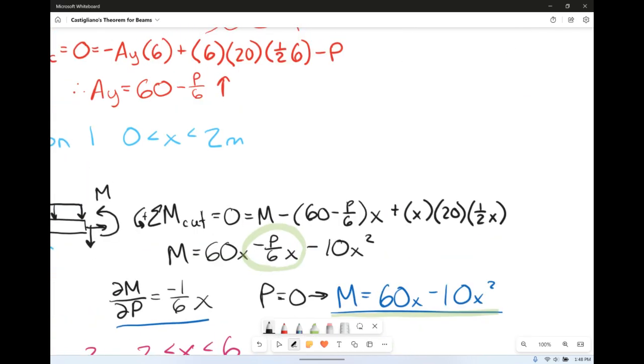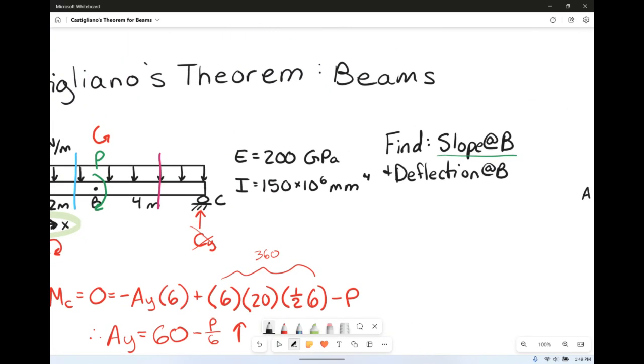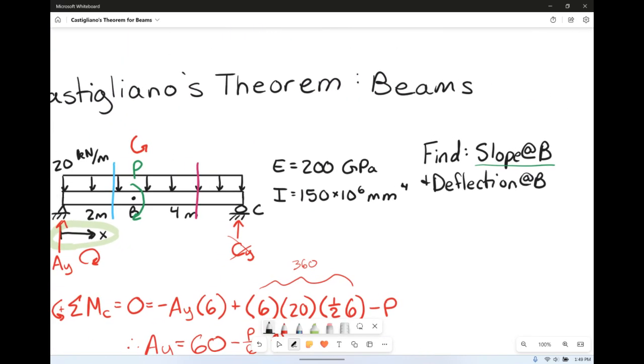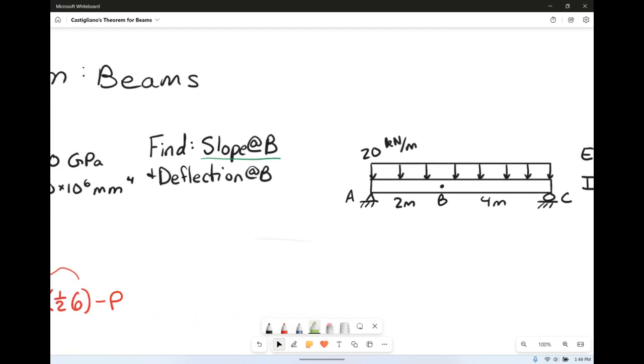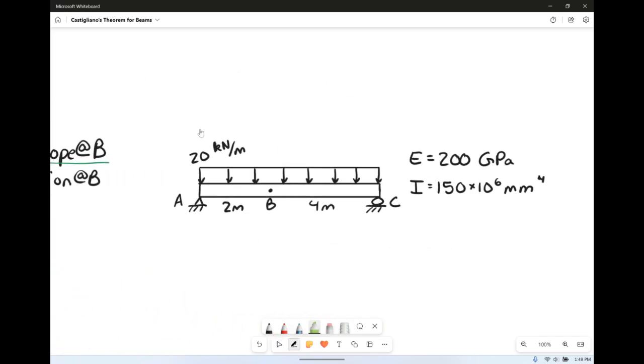However, we don't want to just stop there. We want deflection at B, so we got to do the whole thing all over again, starting from scratch, but this time instead of a moment here for P, we're going to do a load. So a point load.